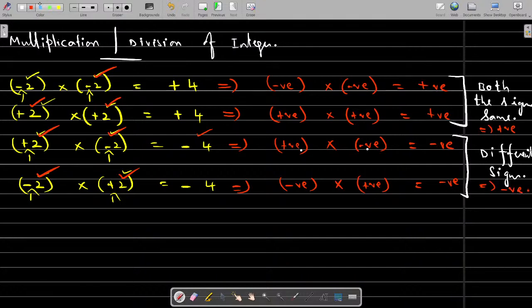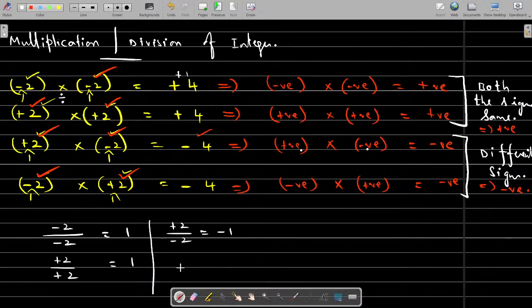The same happens when you divide also. Can you please check? Instead of multiplication you divide. What is minus 2 divided by minus 2? It's plus 1. What is plus 2 divided by plus 2? It's plus 1. What is plus 2 divided by minus 2?